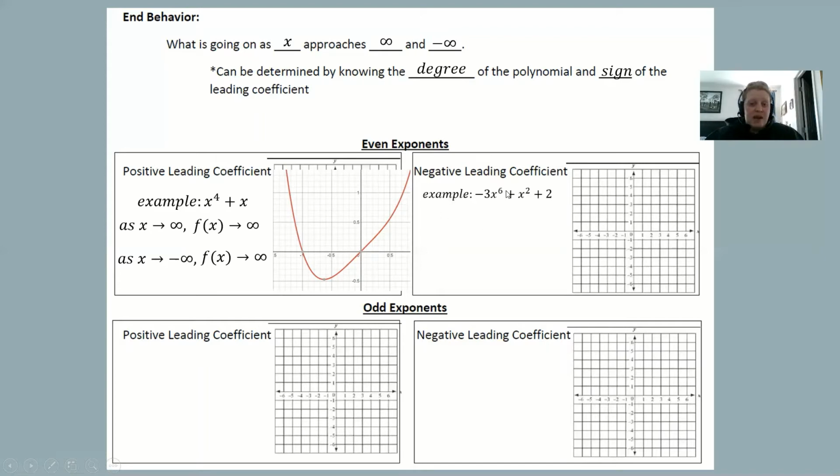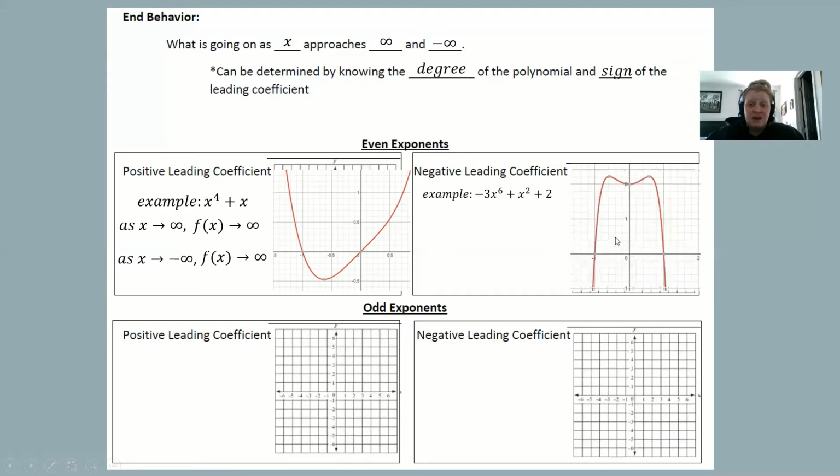If you have a negative leading coefficient, but still an even degree, it's going to resemble the graph of negative x squared. So negative x squared is kind of like a frowny face. So this may have some extra junk in the middle, but it is overall going to look like a frowny face. This is the actual graph. So even though you have some weird stuff in the middle, you can see it's still frowning overall.